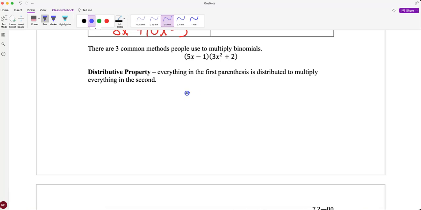The distributive property. So if I look at 5x minus 1 times 3x squared plus 2, everything in the first parentheses has to multiply by everything in the second parentheses. So the 5x has to multiply by 3x squared. So that's where I get 15x cubed.